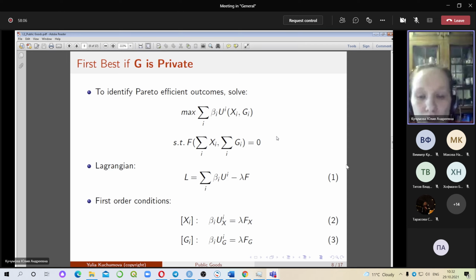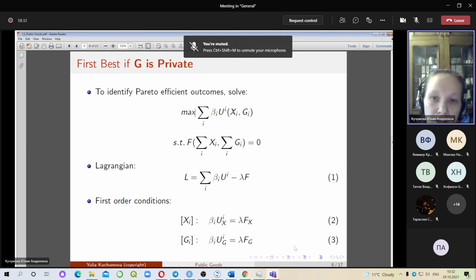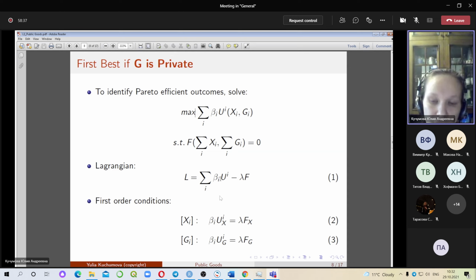We set up the Lagrangian. At this point, I presume that you all know what that means. In this case, the Lagrangian is the social welfare, the sum of beta i times ui, minus the Lagrange multiplier lambda times the constraint f. I omit the brackets and what is inside of them for shortness of notation.